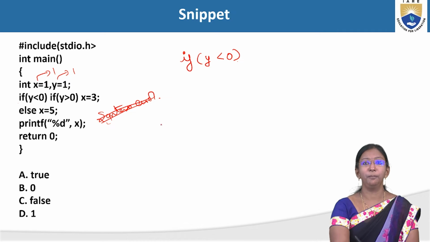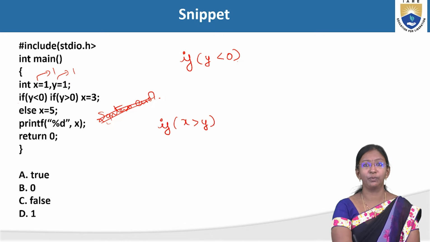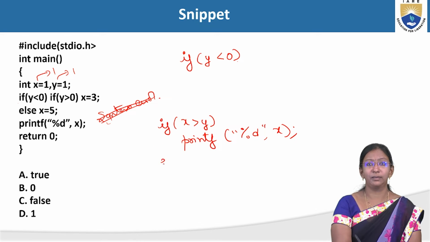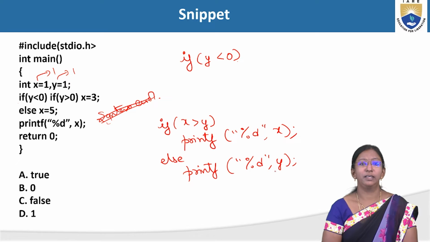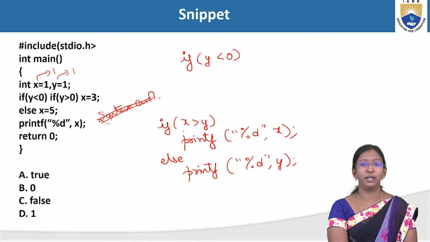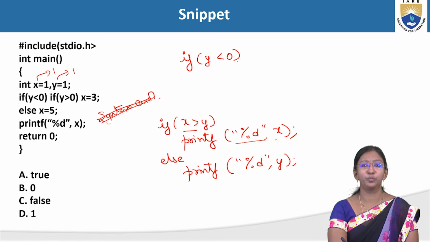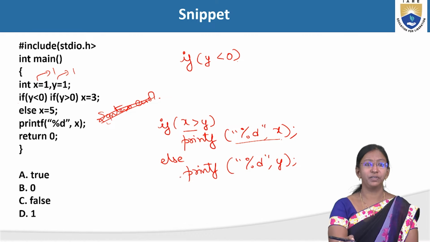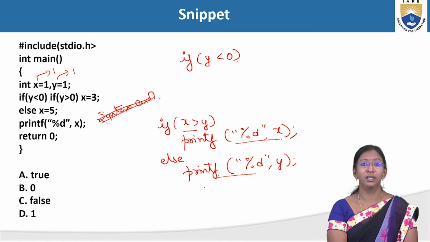For example, just as an example, if X is greater than Y, then printf percentage %d X, else printf percentage %d Y. You can see that if the given condition, X is greater than Y, is true, a single statement is going to get executed, that is, it is printing the value of X. Else, if the condition fails, a single statement is being executed.